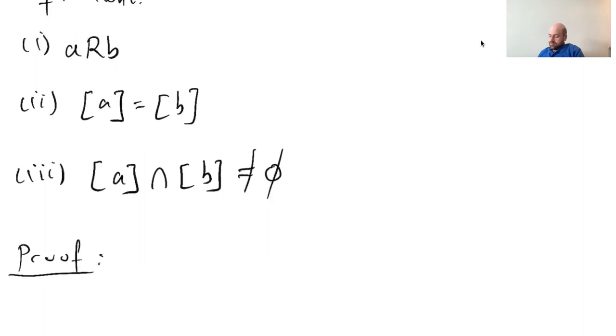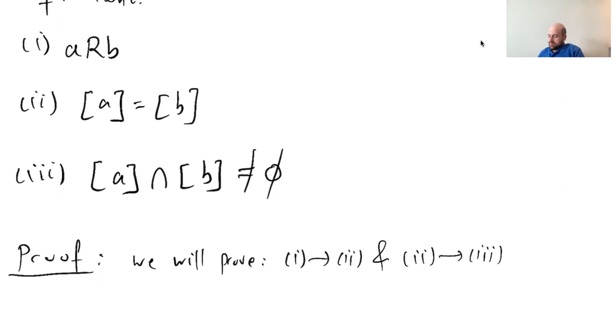And so we want to prove 1 implies 2, and 2 implies 3, and 3 implies 1.